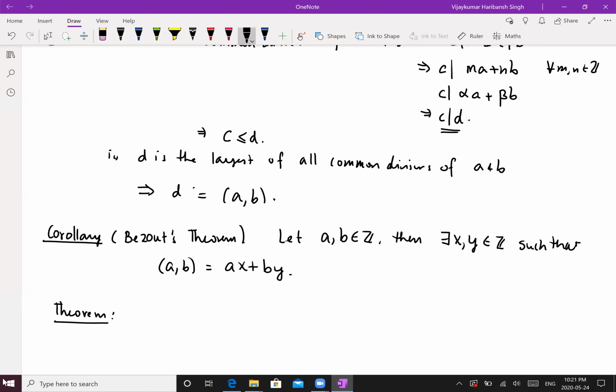So again, theorem: let A and B, in this case we will restrict to the positive integers, belong to Z plus, or the set of natural numbers.